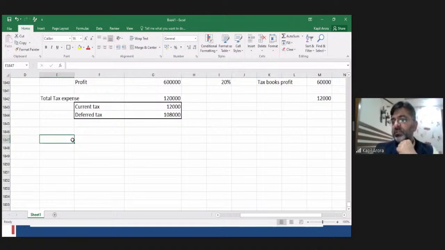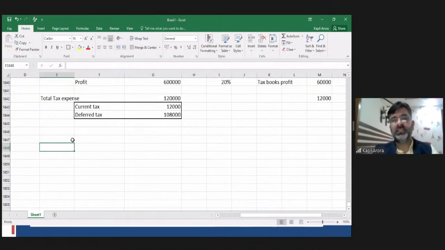Is it okay with all? Right? So my deferred tax comes out to be 1,08,000.